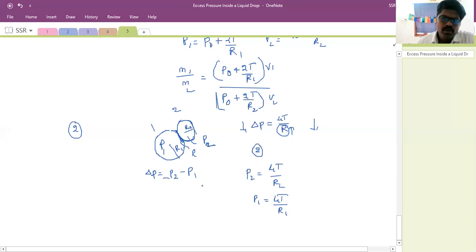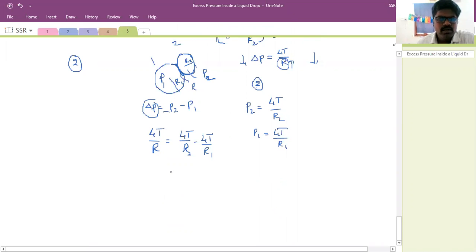So P2 and P1 can also be taken as excess pressures. Then the total excess pressure delta P we can write as 4T by the new radius R. 4T by R is equal to 4T by R2 minus 4T by R1. Because it is the same solution, the surface tension will be the same.